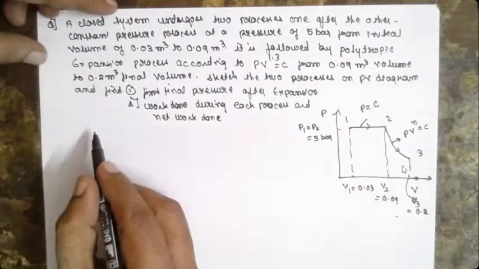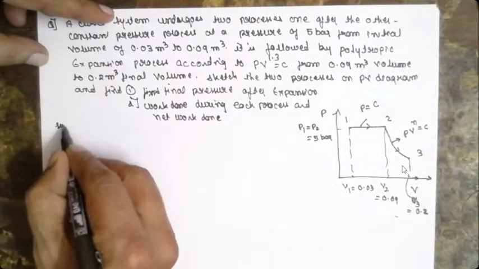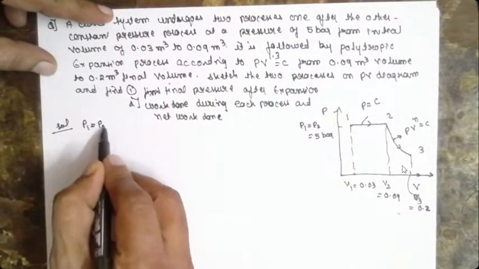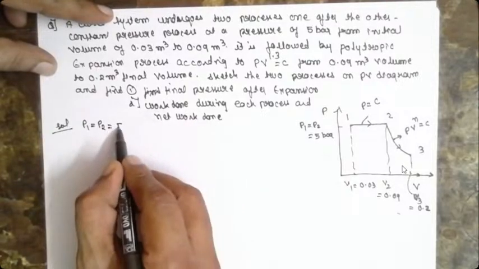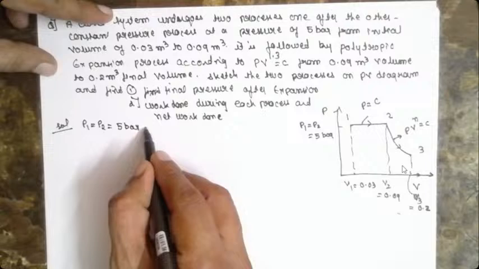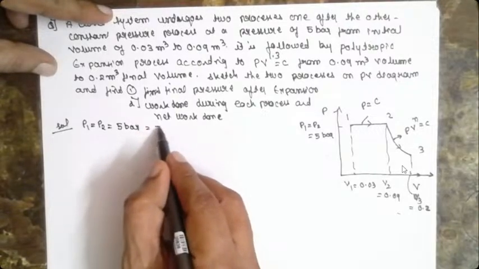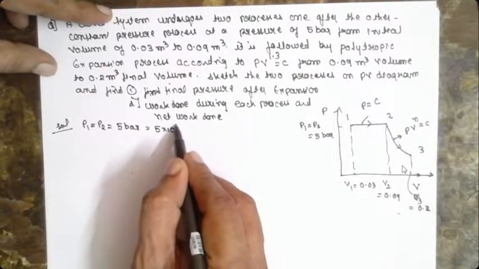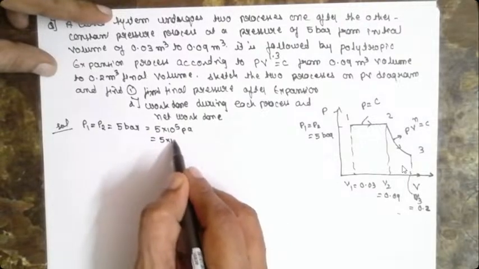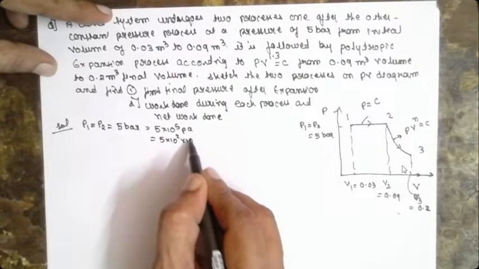Let us see. P1 is equal to P2, which is nothing but 5 bar, which can be written as 5 into 10 raised to 5 Pascal, 5 into 10 raised to 2 into 10 raised to 3.